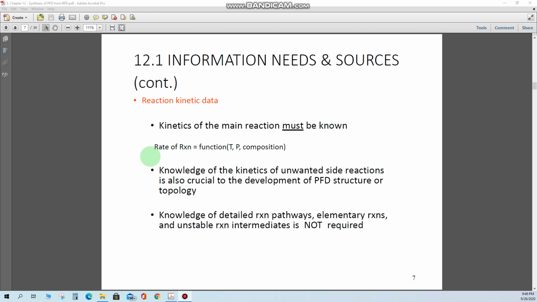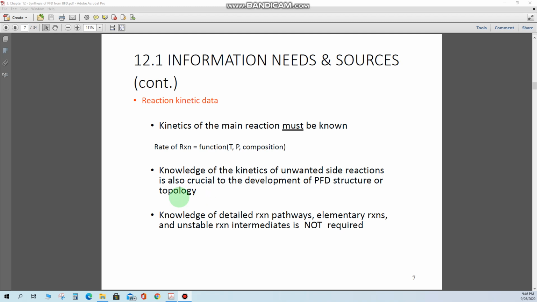This information can be taken from the vendor that is designing a specific catalyst for any process, and he can give you that information: what could be the rate of reaction for a specific temperature, pressure, and composition of the feedstock. Knowledge of the kinetics of unwanted side reactions is also crucial to the development of the PFD structure or topology. Whenever you are designing any reactor, no reaction is 100% complete, and there could be some side reactions or unwanted reactions.